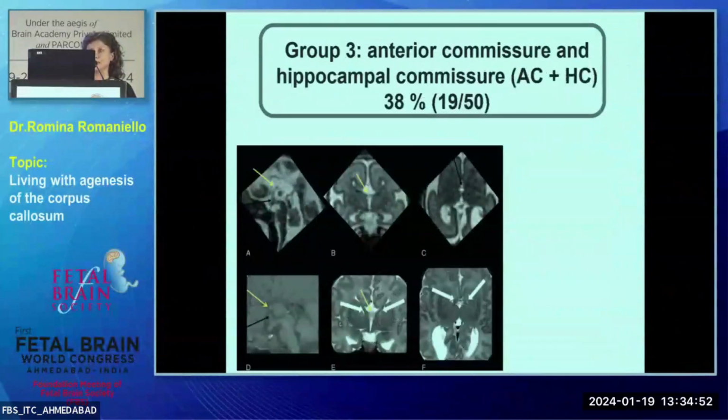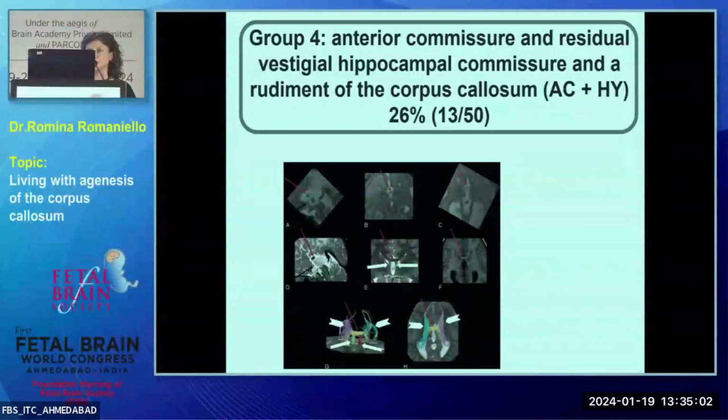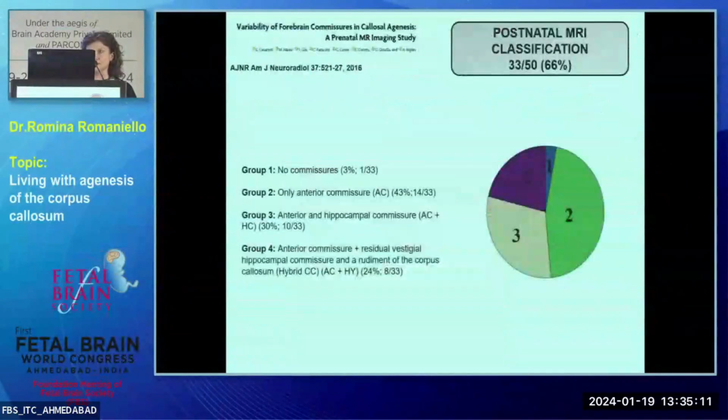Group 3, anterior commissure and hippocampal commissure, in 38%, 19 subjects, and group 4 with the hybrid corpus callosum, 26% in 13 subjects. The same classification was applied to the postnatal MRI.